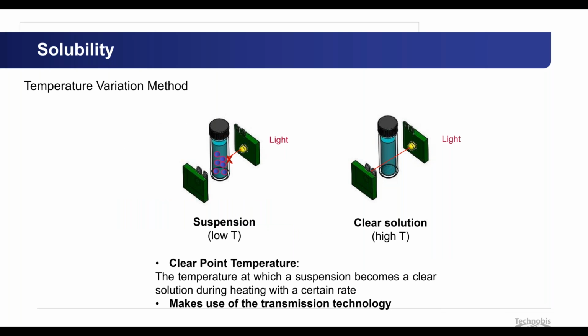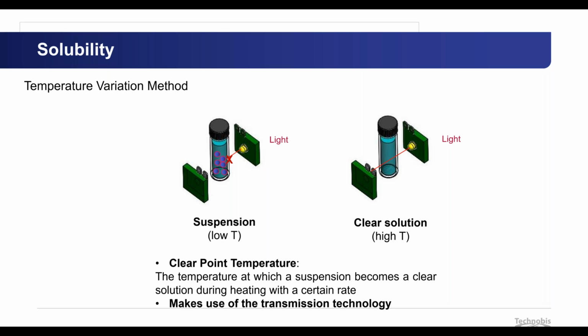How it works, for those of you that do not know: here on the left, you start with a slurry, and you have an LED light passing through the vial and detected on the other side. If you have solids, the light is blocked. When you start to heat your sample and the solids go into solution, when you have a clear solution, then the light passes through completely.